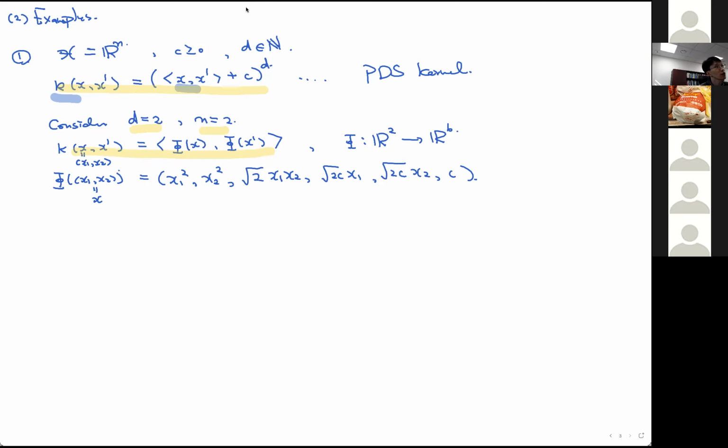If you have some understanding of the feature space, that will help you to use the appropriate kernel for your problem. The second example is something very, very popular: the RBF, I think the radial basis kernel.